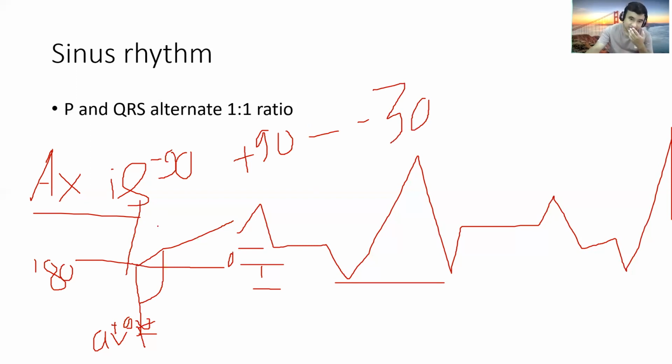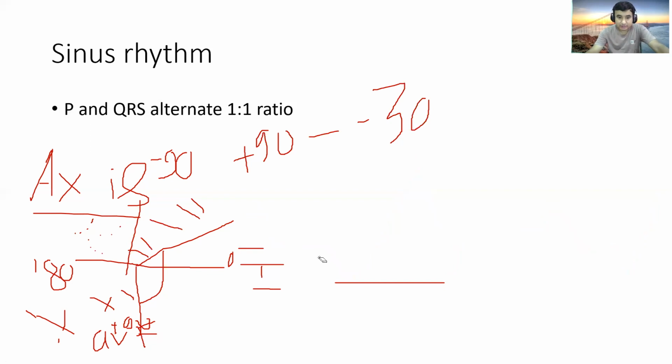If it is here, we say it's left axis deviation. If it is here, it's right axis deviation. If it is here, it's extreme axis deviation. So how can we calculate the axis on the ECG paper? For that, I will erase this first.